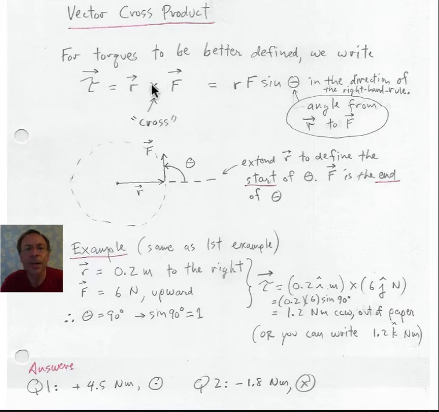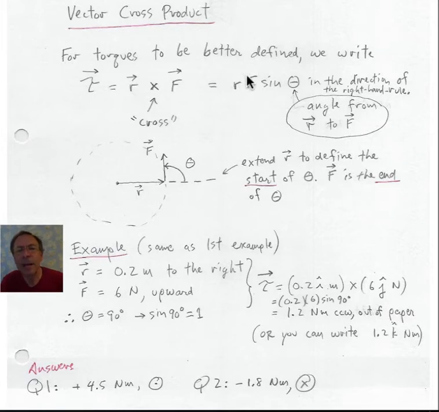This is not an X, and it's not an ordinary times symbol either. It's called the cross, and this is called a cross product. So when you see this written out like this, it means you have to do this math. You have to take the magnitude of R, the absolute value of R.